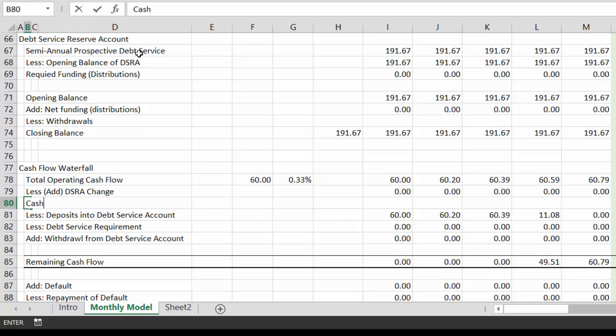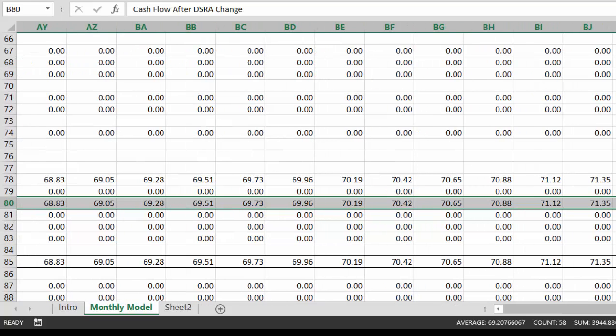So cash flow after DSRA change. Now the real thing you have to think about is where these things go, what order they have. So we're going to put less a minus number, and then let's put this in here.